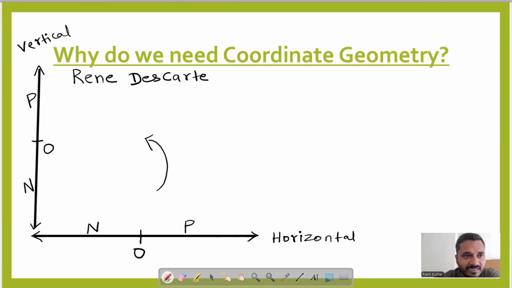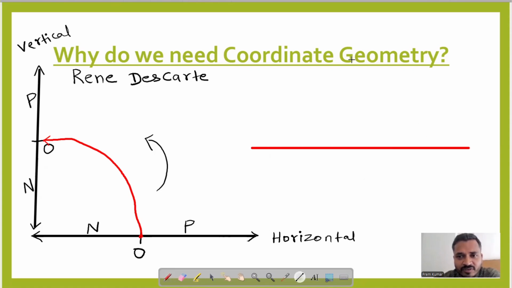Now what he did, he had taken the O point of the horizontal line and placed it on the O point of the vertical line. Okay. Now, how will the new figure look like? The new figure will look something like this. See here.